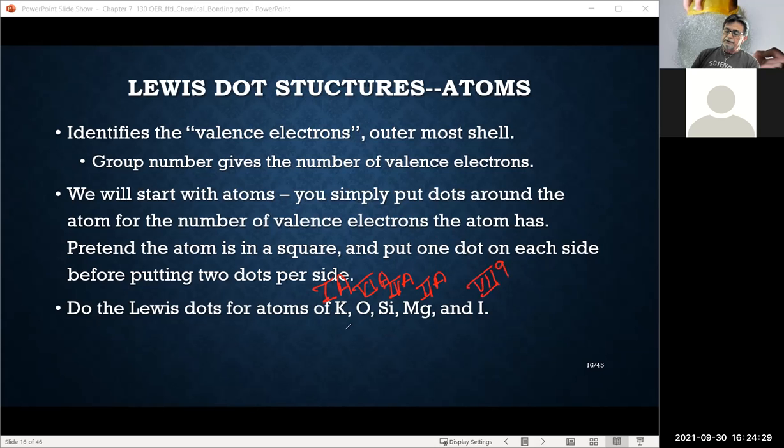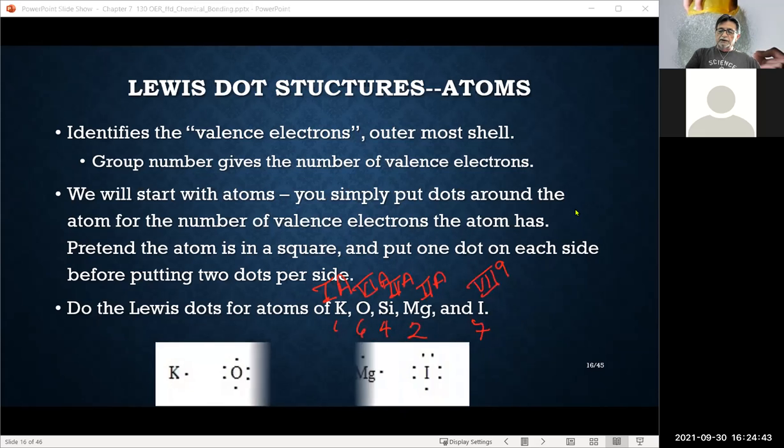And it basically says I got 1 valence electron, 6 for oxygen, 4 for silicon, 2 for magnesium, and 7 for iodine. So once we identify that, it's a matter of putting the dots in there, and you have something as follows.